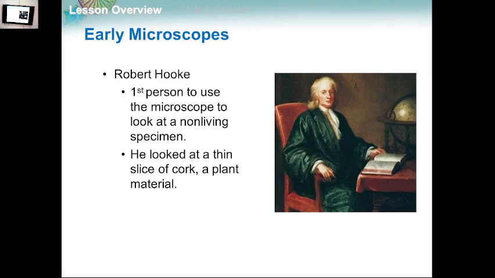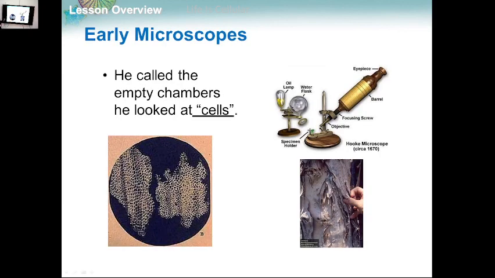Okay? We need now to go back to the history of the cell and the early microscope, and we need to study the scientists that discovered the cell. Robert Hooke was the first person to use the microscope to look at a non-living specimen. He looked at a thin slice of cork, which is a plant material, and he found empty chambers, which he called cells.